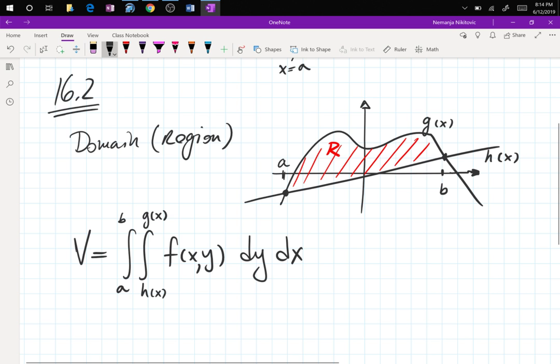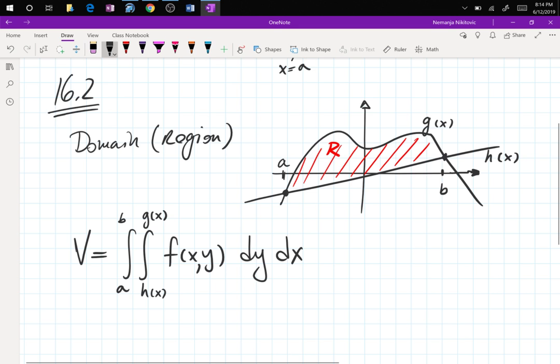And the rule is the same. If you are figuring out the volume, you will have f of x, y inside. And if you remove f of x, y, what do you get? $1 million question.